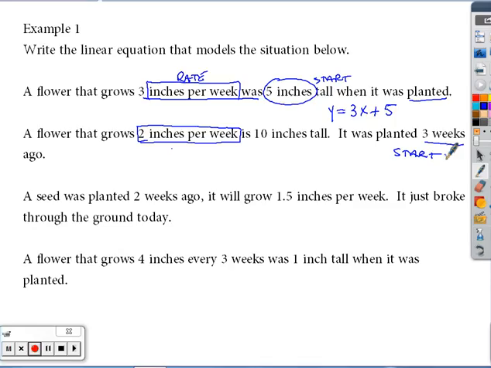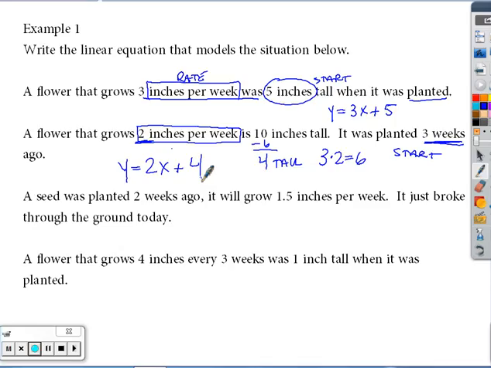Okay, well, the way we do that is we say, okay, 3 weeks, it's growing 2 inches per week. So that means it's grown 6 inches, 3 times 2 is 6, since it was planted. Well, if it's 10 tall now, that means it would have been 4 tall when it was planted. And we write our equation, y equals 2x plus 4.